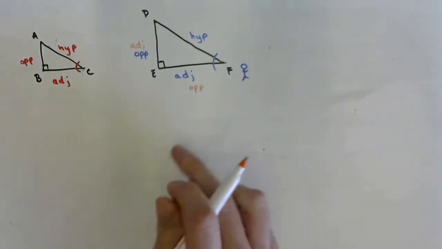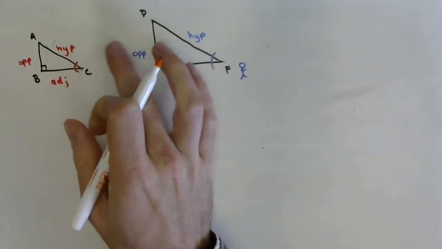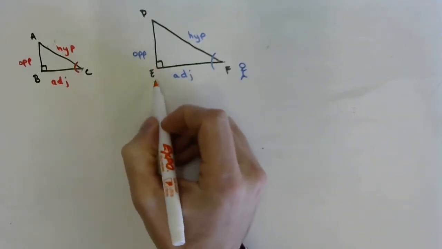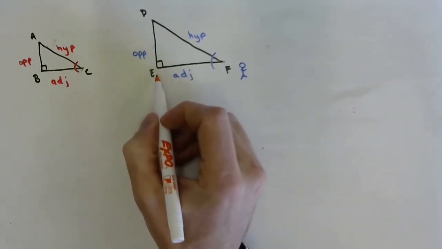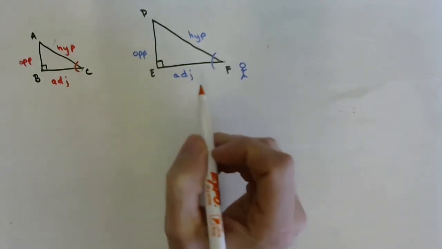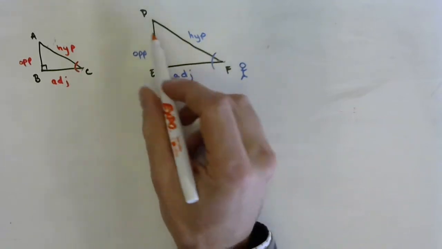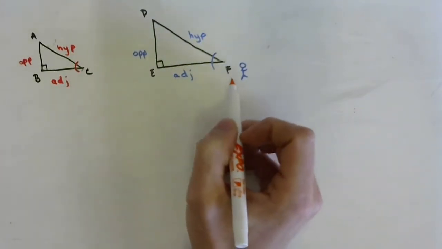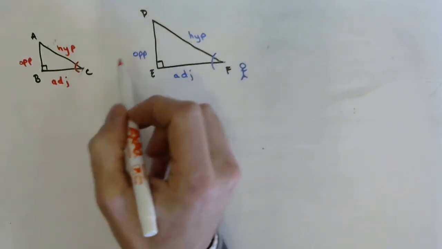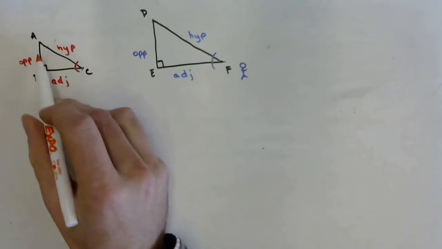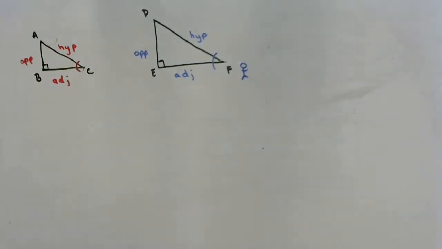Hypotenuse wouldn't change. But you couldn't look at it from angle E. It's unnecessary to look at it from angle E because you already know that angle E is 90 degrees. So these relationships that we're learning about deal with the acute angles within a right angle triangle. So you're going to look at things from angle F or from angle D, from angle C or from angle A. Those are the acute angles in a right angle triangle.